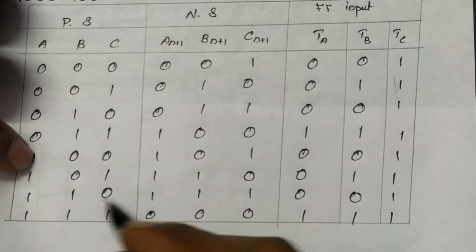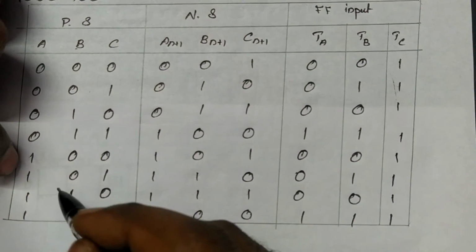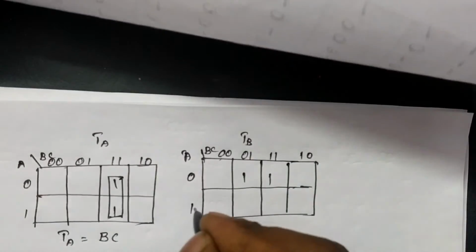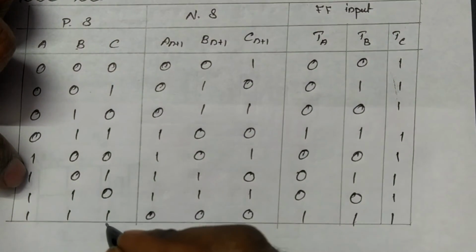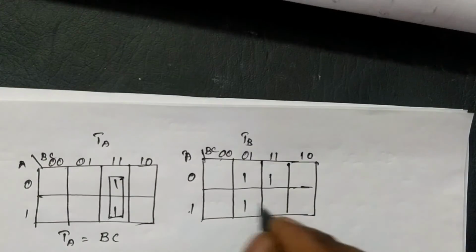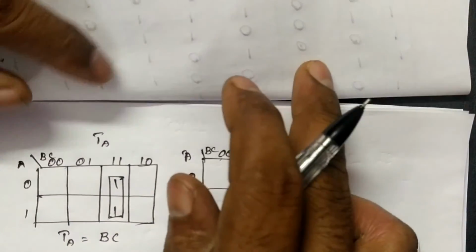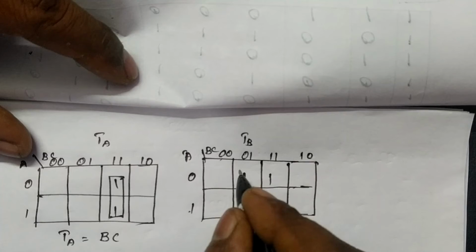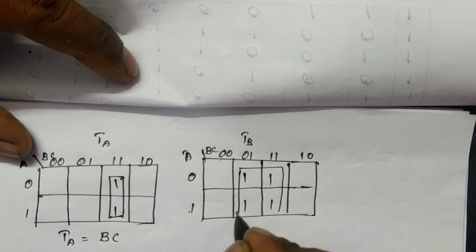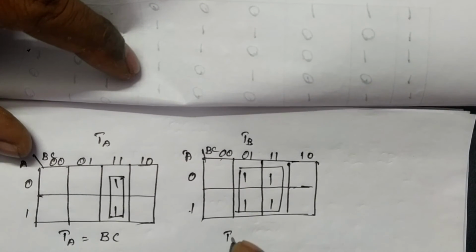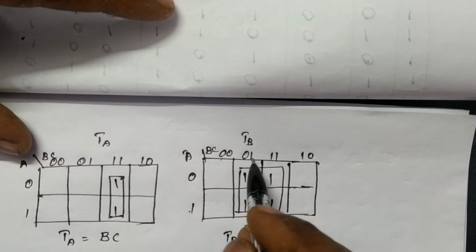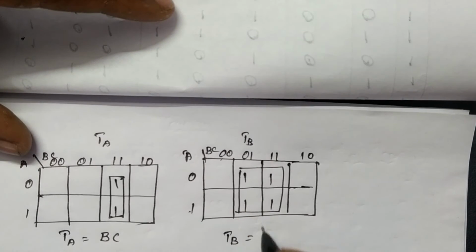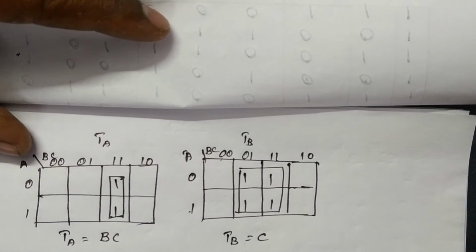Then here we are having 1, respective input 1, 0, 1. Likewise, last one, here we are having 1, respective input is 1, 1, 1. Therefore, here we need to make it as 1. So if we group these values, here we will get TB is equal to, left side it's 0, 1 change between these two columns. Here C value is same and its value equal to 1, therefore here it's C.